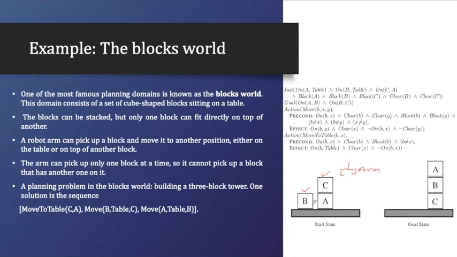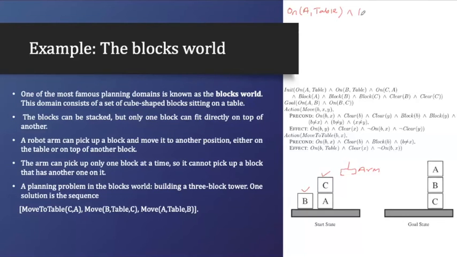How can we define the initial state? I can define it like this: On(A, table). What is the meaning of on? It says that A is on the table. Then I have to define B. Where is B?